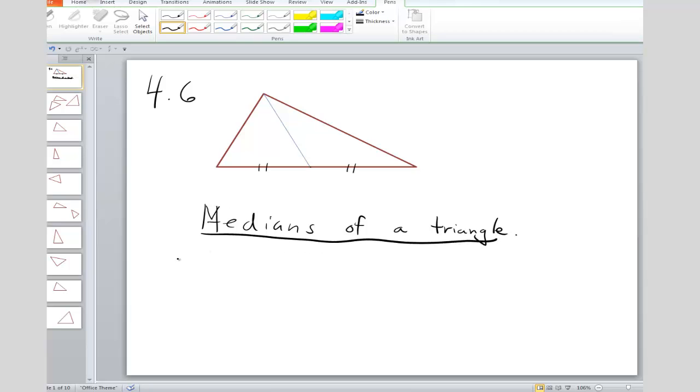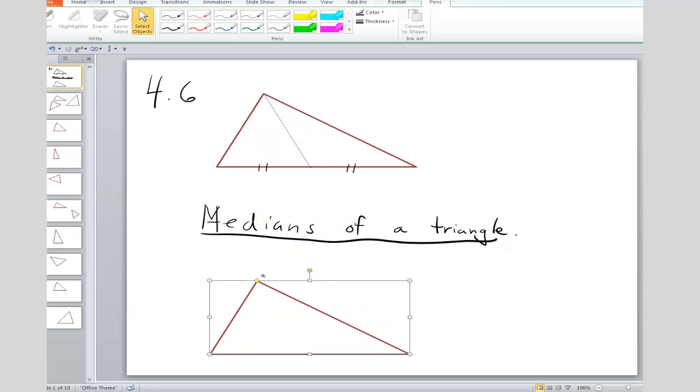Alright, so first thing we want to know is that this is the balancing point of a triangle. If we take a triangle, let me go ahead and insert a small triangle. I do. Move it down here. If we are to find the medians of the triangle, we would probably find that those medians cross.